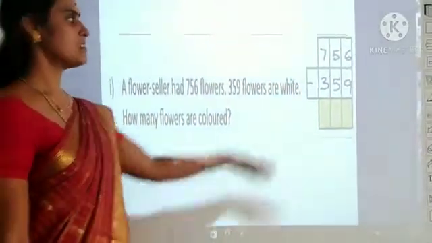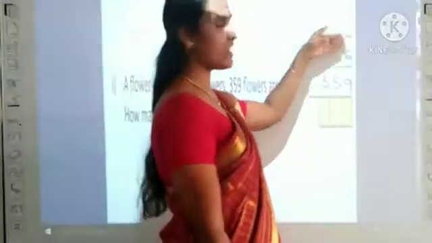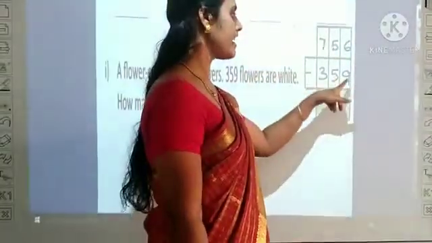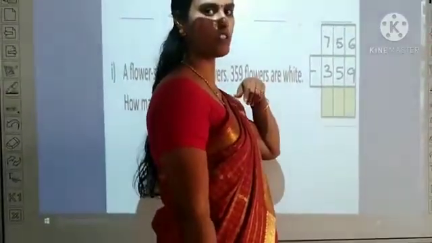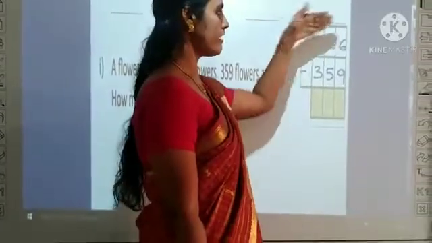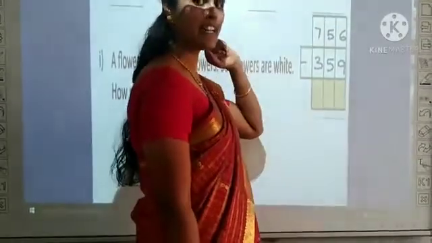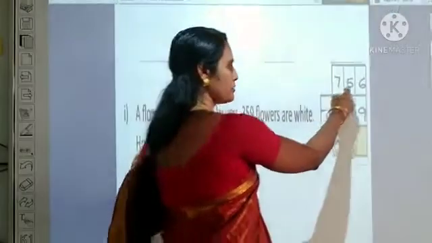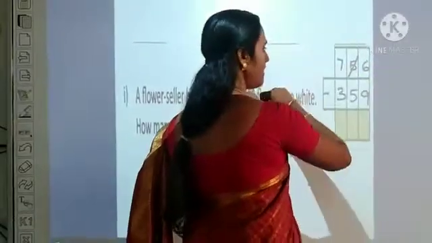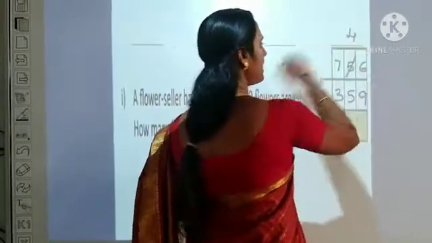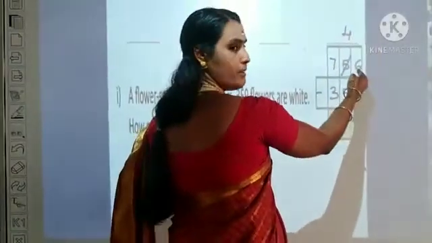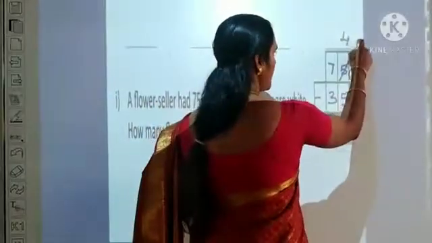Okay, children. So, the ones place, 6 minus 9. Can you take away 9 from 6? It's not possible, isn't it? So, we have to borrow from the next number. Here the next number is 5. So, what do you have to do? You have to strike away 5 and then write 4 here. Isn't it? 5 minus 1, 4. 6 will become 16.